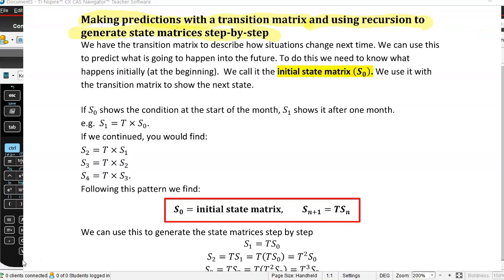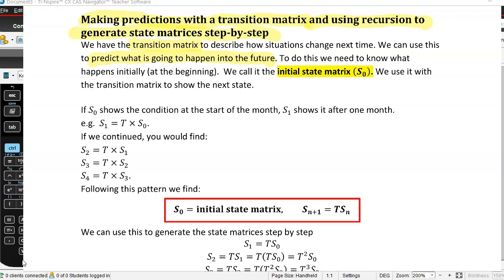We do a similar thing using transition matrices to define how we change from step to step, or what we say here, from stage to stage. So we have the transition matrix to describe how situations change next time. We can use this to predict what is going to happen into the future.